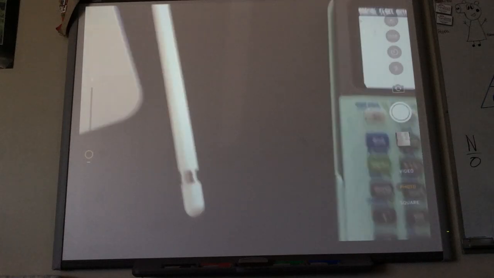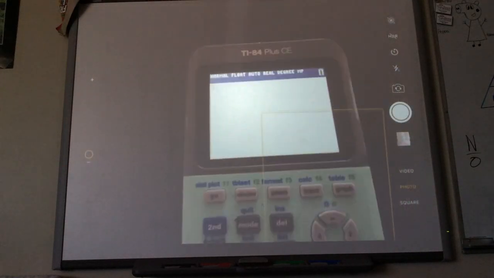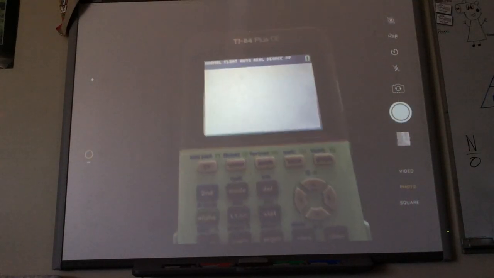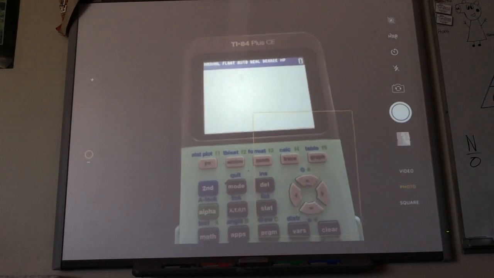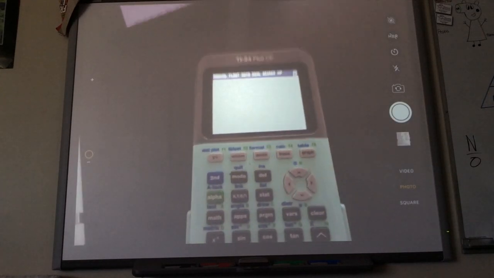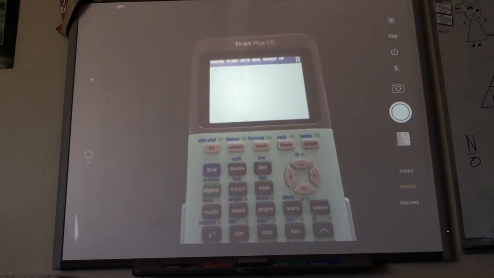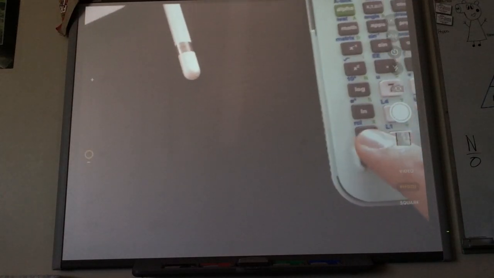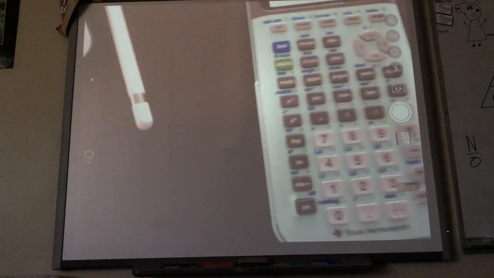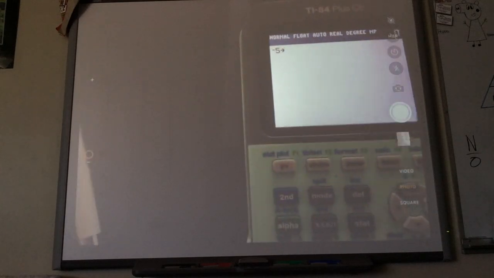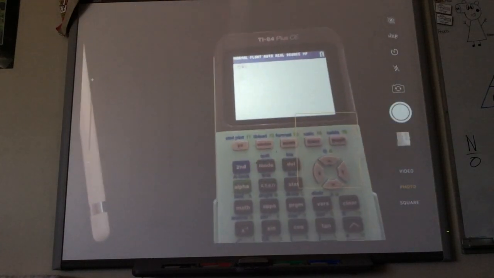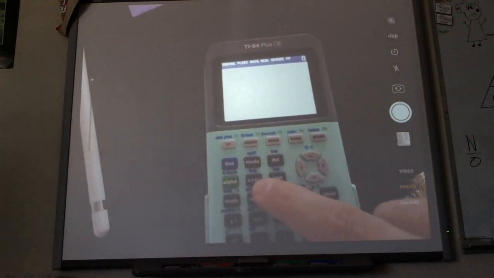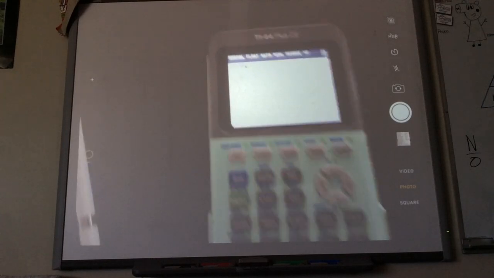Okay, so we're going to plug those in. Let's see if I can do this. Okay, so you're going to store the -5, right? -5 is A. So I'm going to type -5. Where's store? Store is right here. Above on, STO. Okay, store as X. Okay, and X is right next to alpha, if you don't know that already.